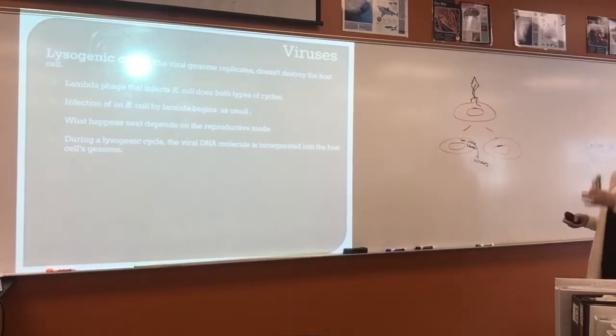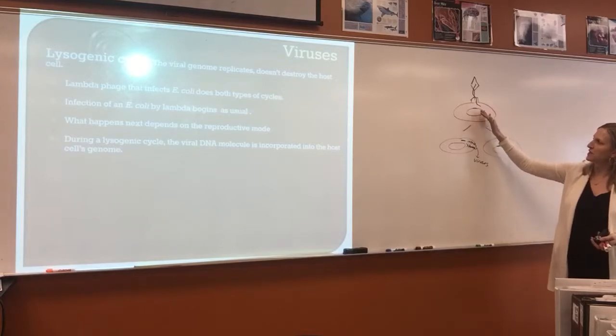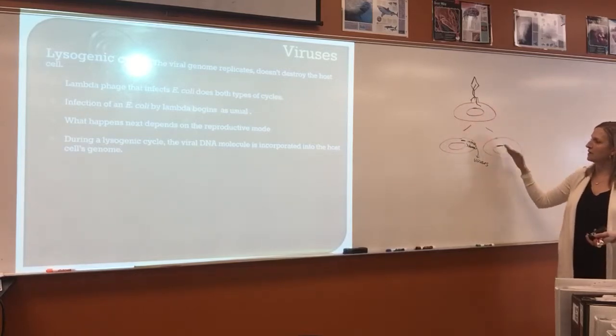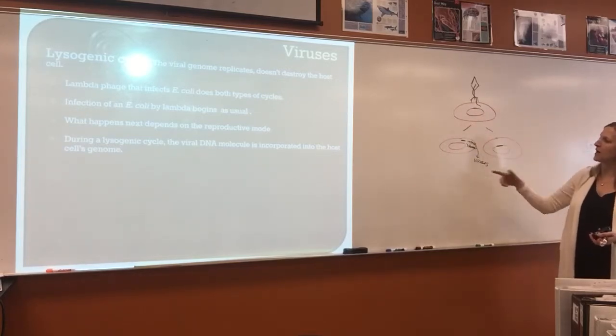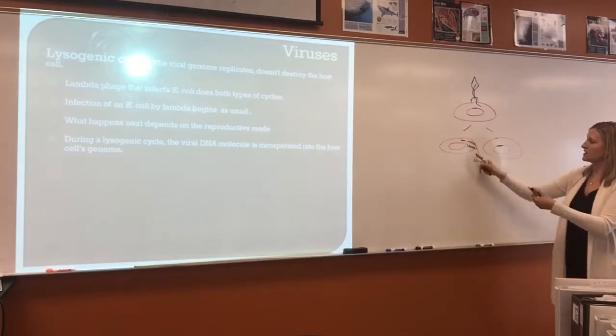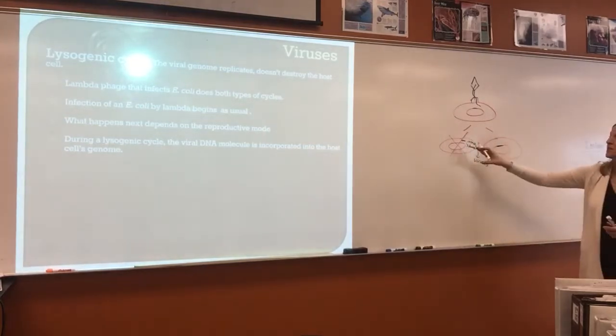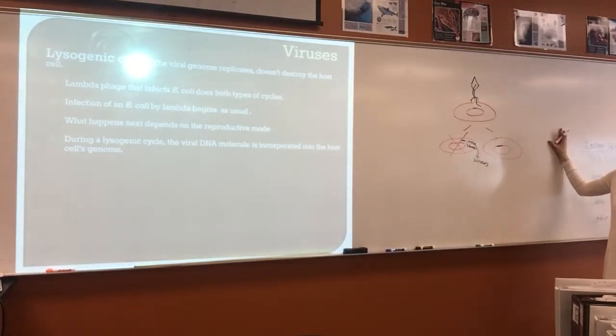So oftentimes, some viruses will do this where the DNA lays dormant for a while in the organism, and then it pops out, and when it does that, it enters the lytic cycle, and when these viruses are released, it will lyse the cell, and the cell will die, but that's okay because you've got almost 1 million other cells that also have the virus DNA inside of it, okay?